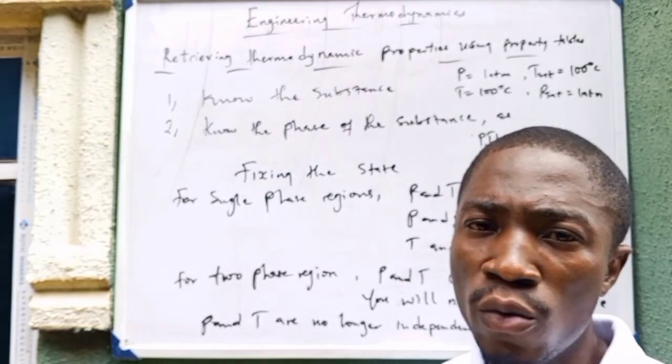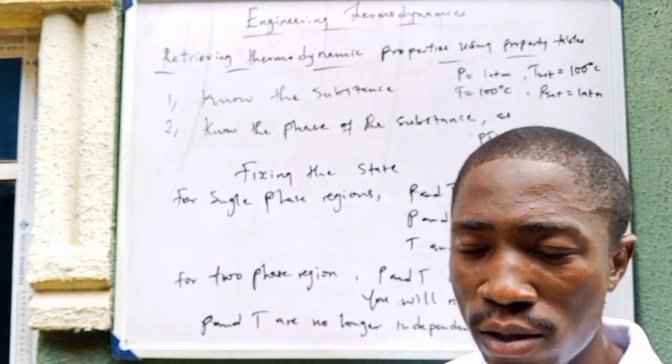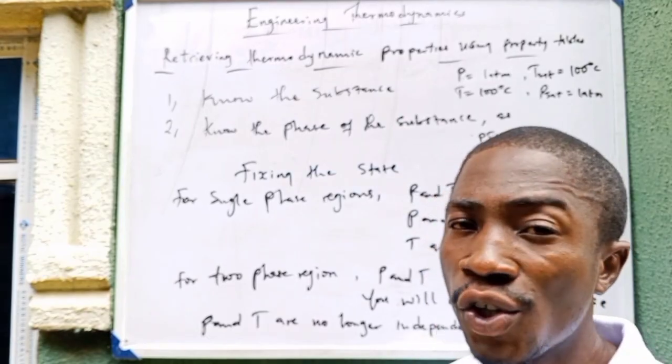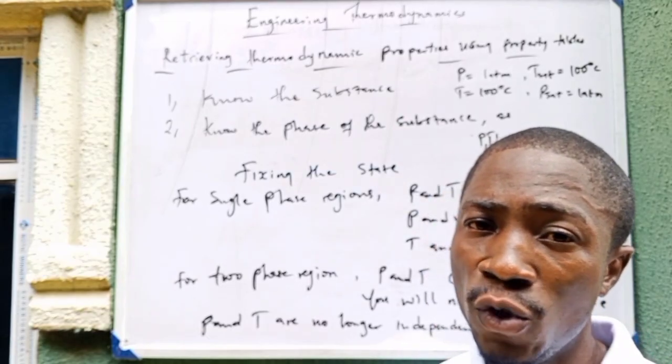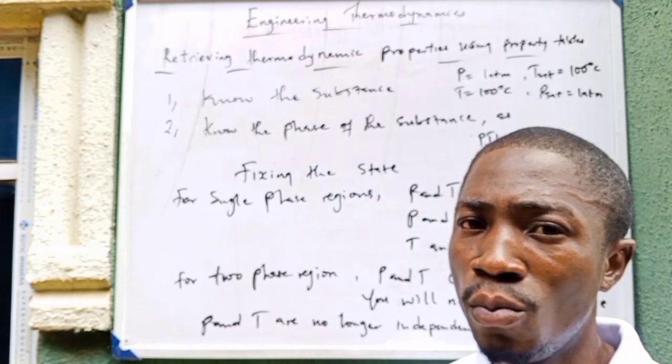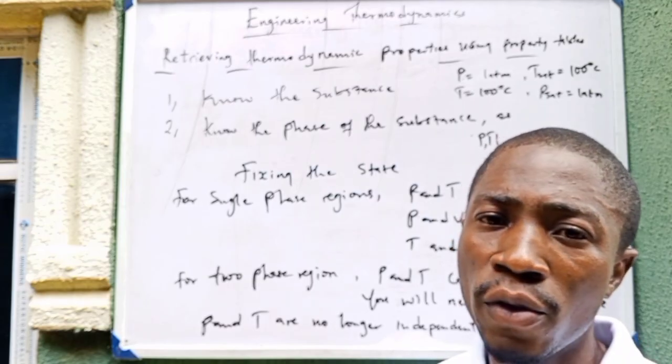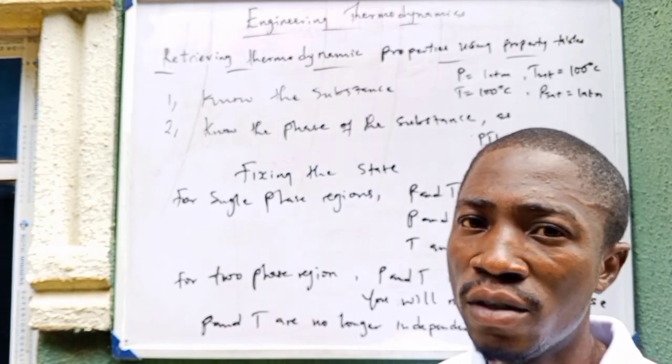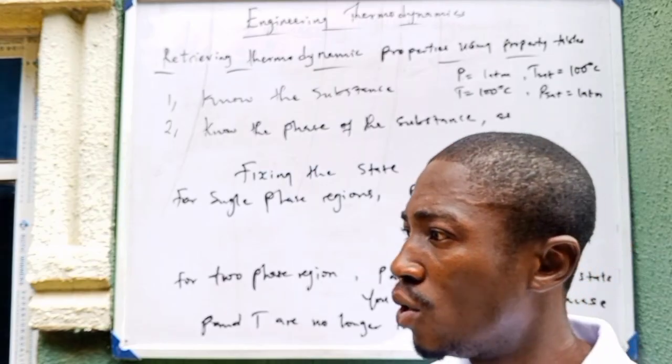So the next problem we want to solve is fixing the state, because it is not enough to know the table you are to work with. You should also be able to fix the state of the system to enable you find the values you're looking for.